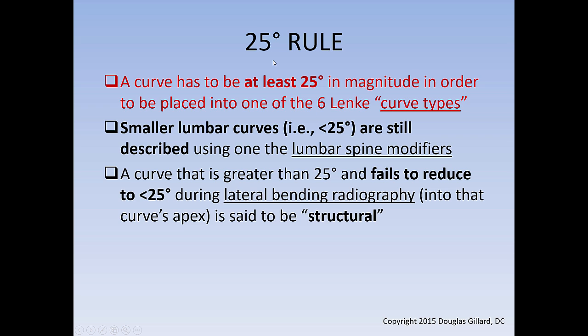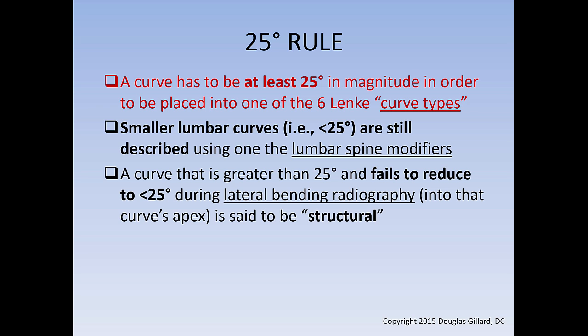For example, if you have a 30-degree curve to the left on a coronal view, and you laterally bend the patient to the left, and that curve reduces down to a 15, that curve is very flexible. It's called non-structural, and it doesn't get to play the game.